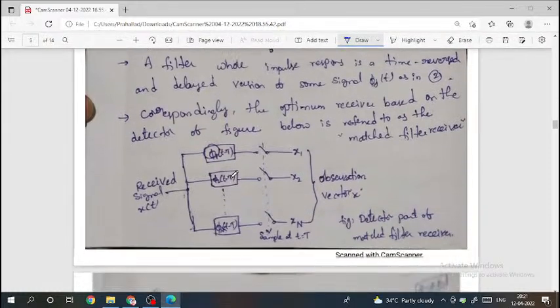The detector of the matched filter takes the received signal x(t), and here φ_1(T − t), φ_2(T − t), φ_N(T − t), and a switch is there to sample at t = T, and here you are getting the observation vector x. This is the detector part of the matched filter receiver.